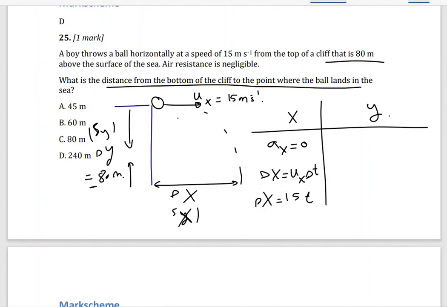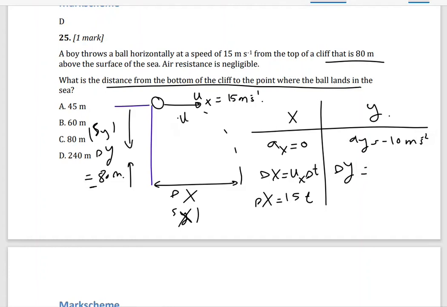We can find it from the equation in the vertical direction. In the vertical direction, we have three equations. I'm going to use the equation that has Y because Y is given to me. Acceleration in Y direction is negative 10 meters per second squared.